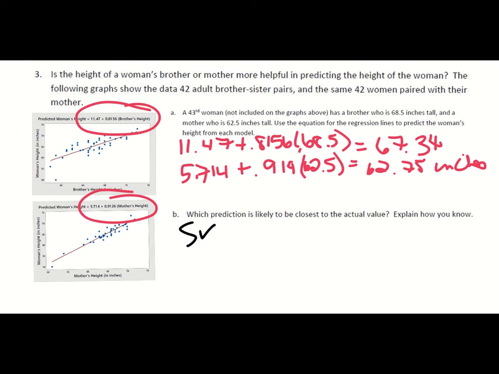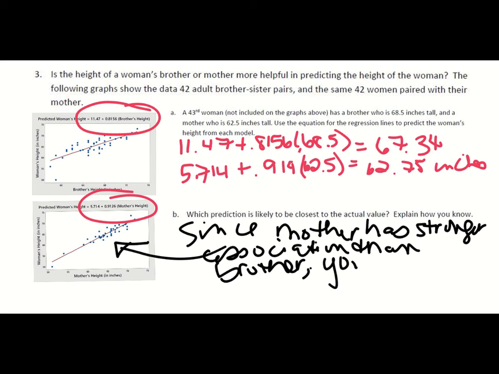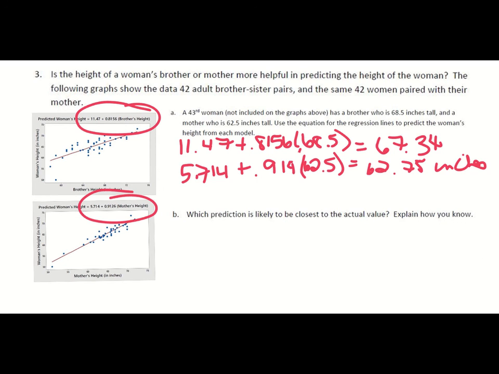Since the mother has a stronger association than the brother, you can expect it to be more accurate. So this one here is better than the brother.